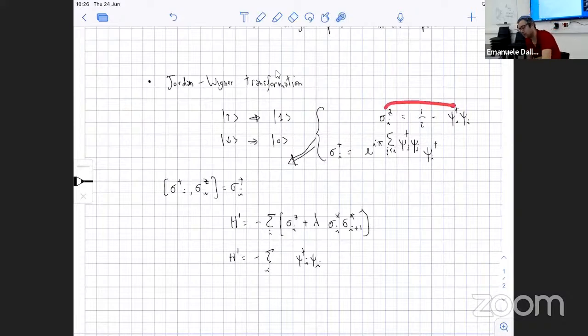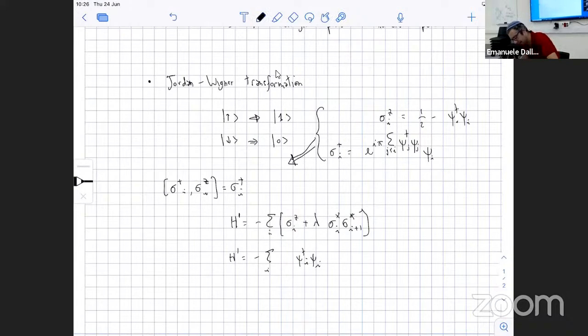I'm trying to highlight the important elements. So sigma z simply maps to the density of fermions. It's simple, no problem.